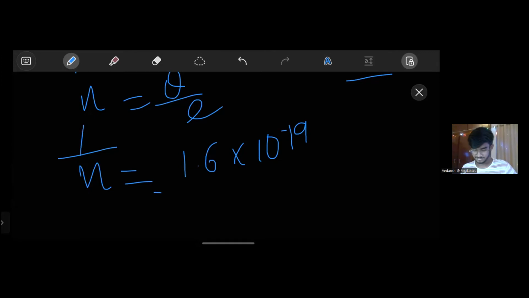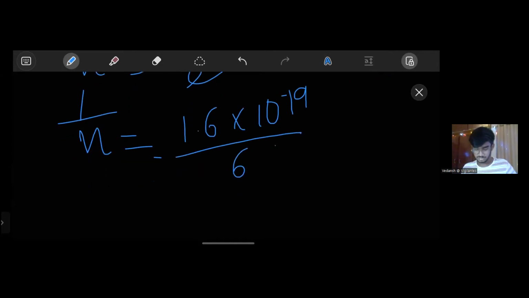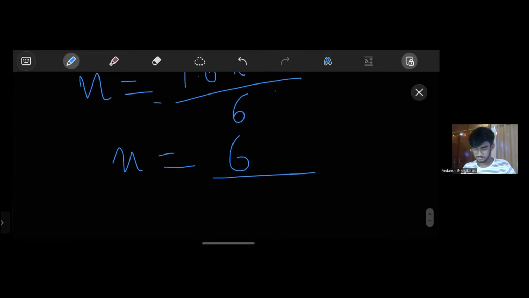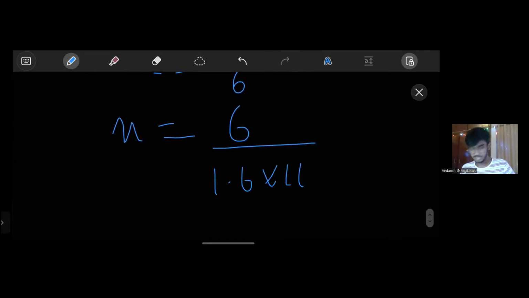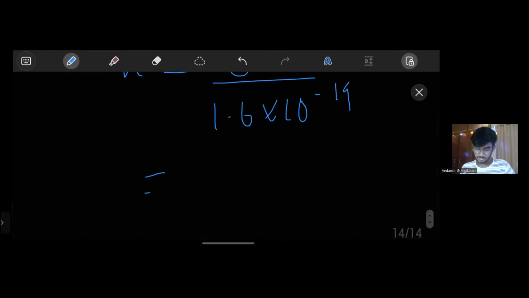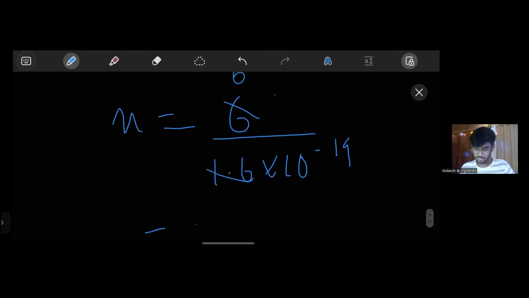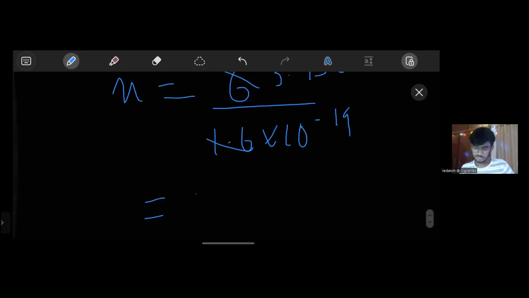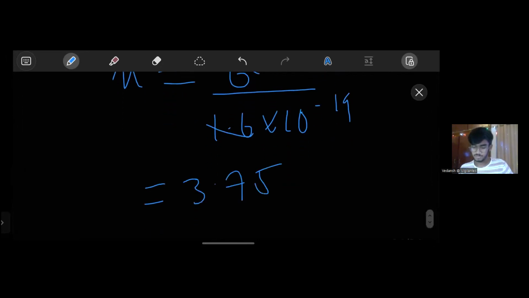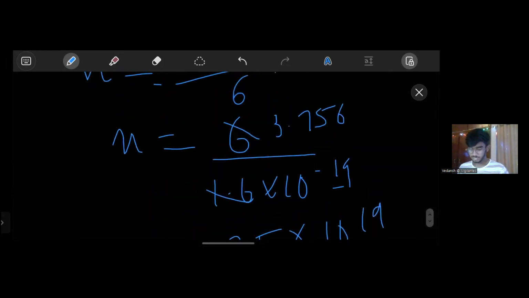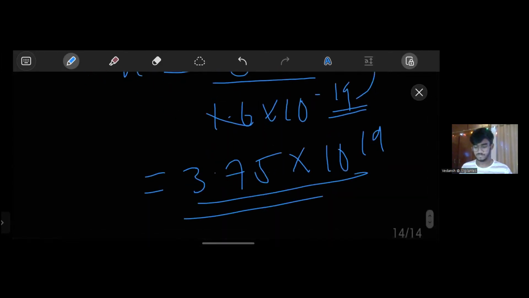So n is equal to 6 by 1.6 into 10 to the power minus 19, which is almost equivalent to 3.75756, or let's just say 3.75. The exponent moves up and changes to positive, because whenever there is an exponent in the denominator, it goes to the numerator and becomes positive. So it becomes 3.75 into 10 raised to 19 number of electrons.